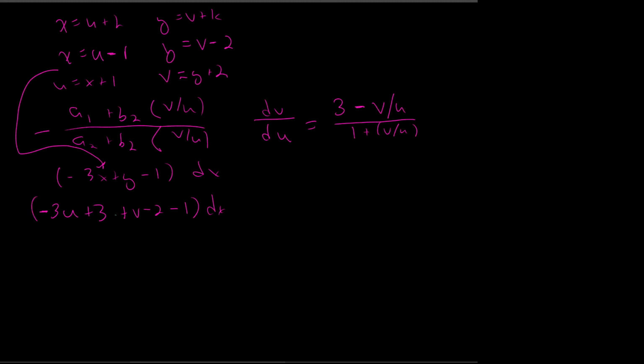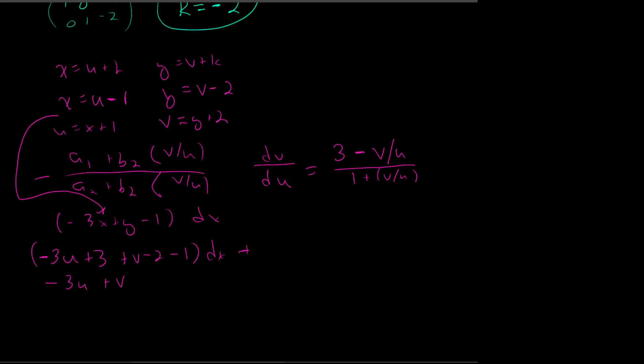And so collecting terms together, I get minus 3u plus v minus 3 plus 3. See how they went away and I'm left with just two variables. My constants dropped out.